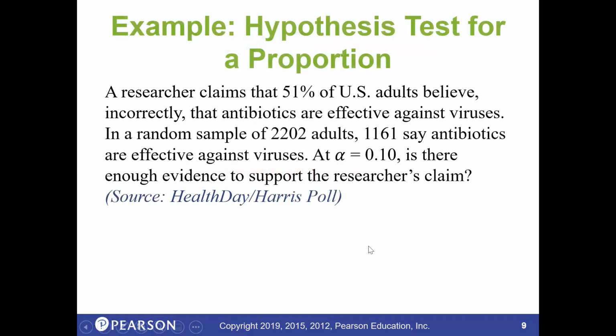Here it is. Researcher claims that 51% of US adults believe, incorrectly, that antibiotics are effective against viruses. Are antibiotics effective only against bacteria? Is that what I'm trying to say?